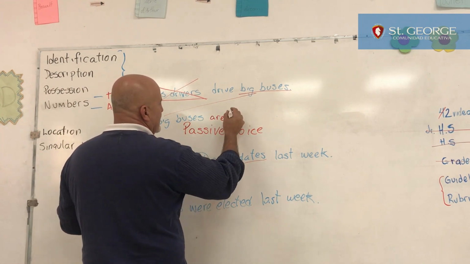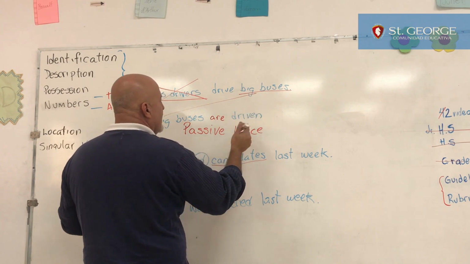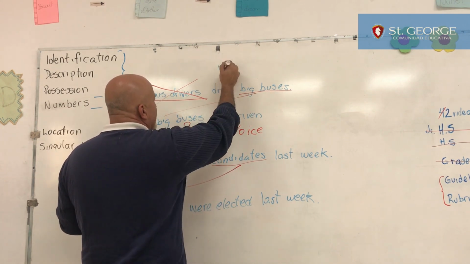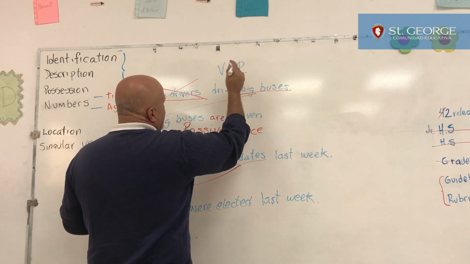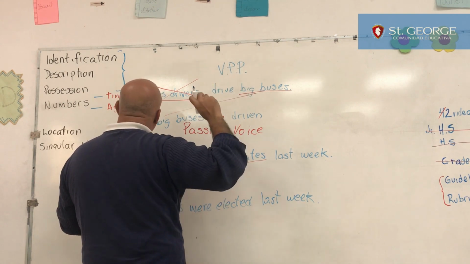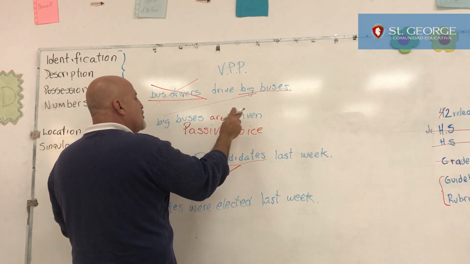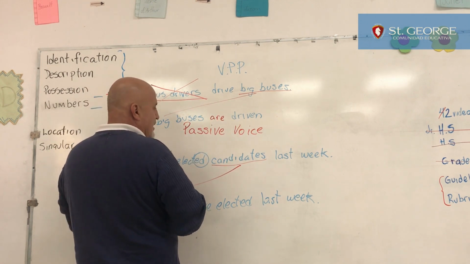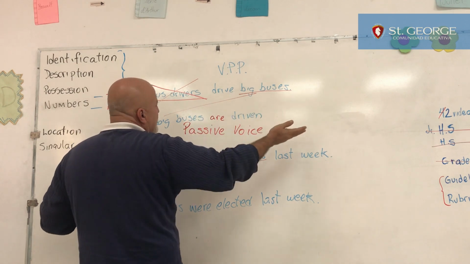No. Drove is the simple past. Driven is the past participle. Remember, it has to be a verb in past participle, not a verb in past. So, big buses are driven in the city every day by bus drivers, whatever you prefer.